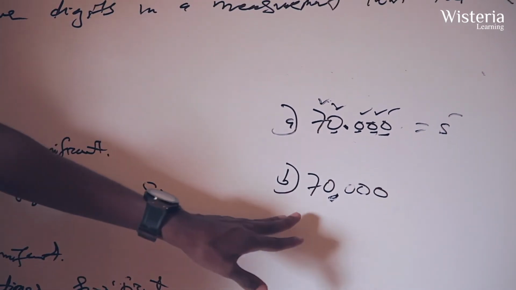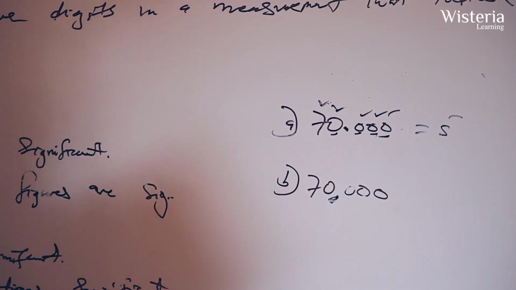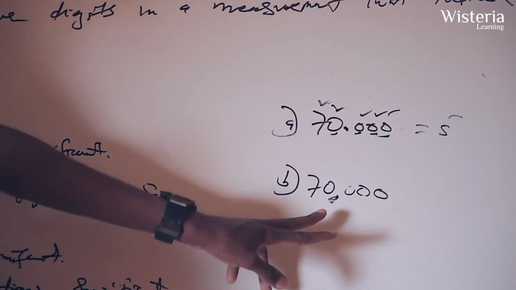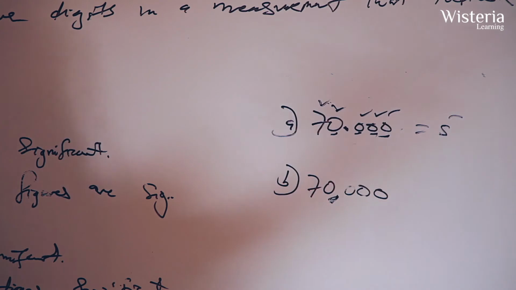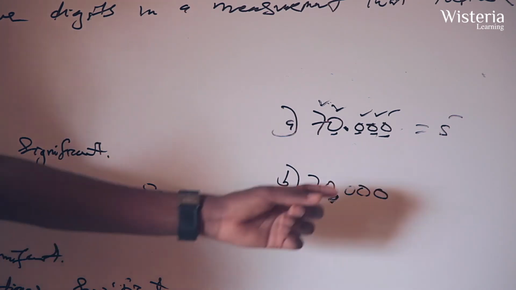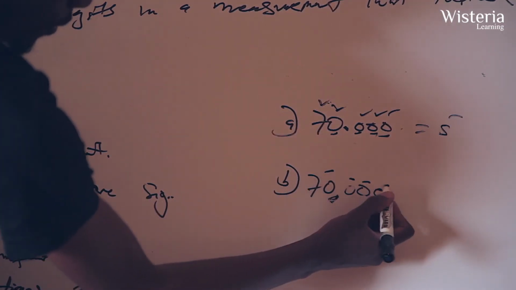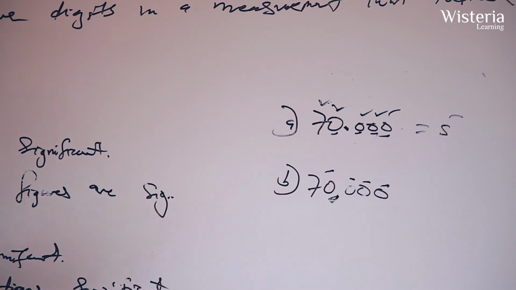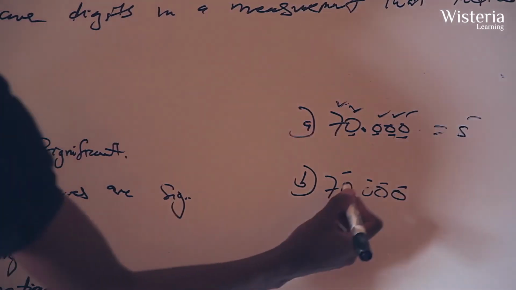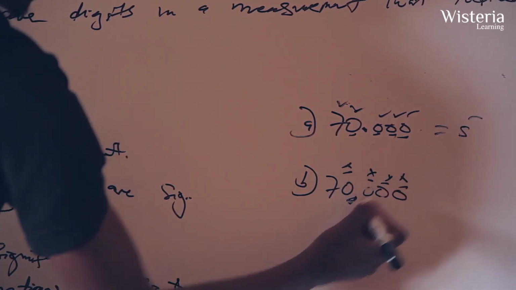But what about the one that is down there? The second example says 70,000. In this value, there is no decimal point. So because there's no decimal point, there is a comma instead, the trailing zeros are not significant.